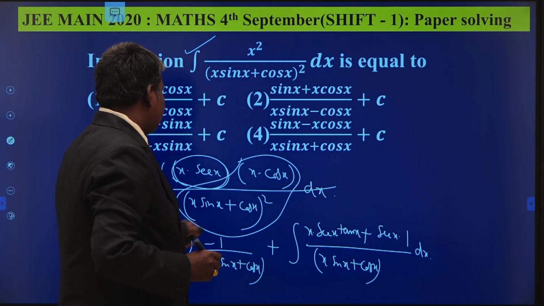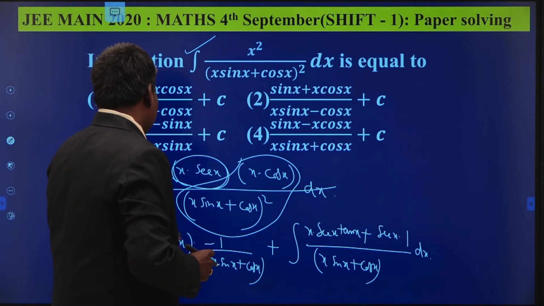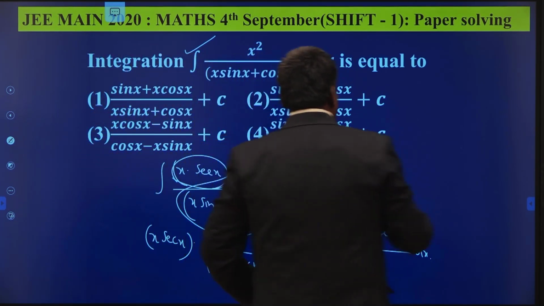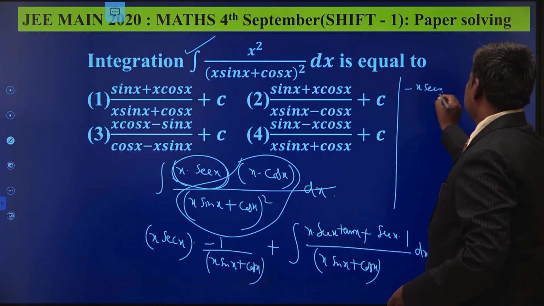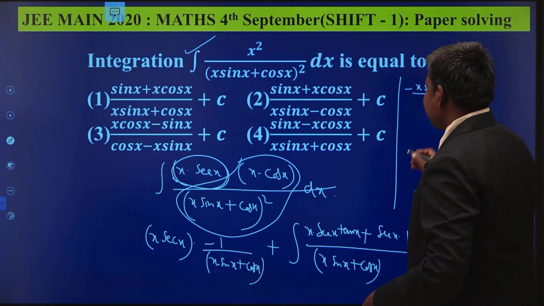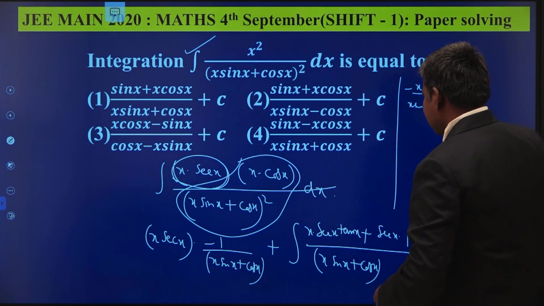So f(x) integral g(x) dx minus integral f'(x) into integral g(x) dx. So minus x secant x by x sin x plus cos x.